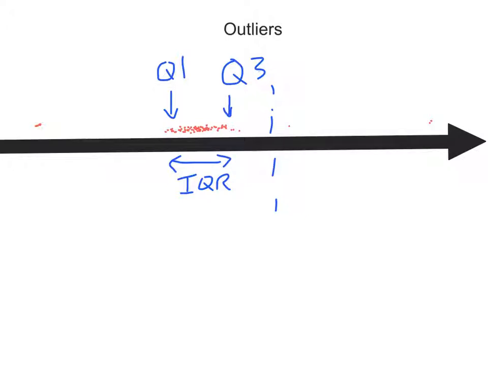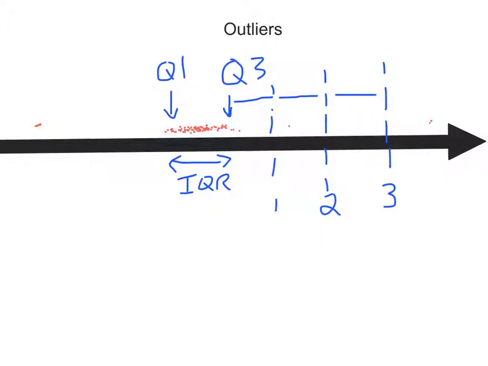What if we go 2 IQRs away from Q3? We might end up around there. So that would be a second IQR. And then if we go a third IQR away from Q3, we might end up in that region.